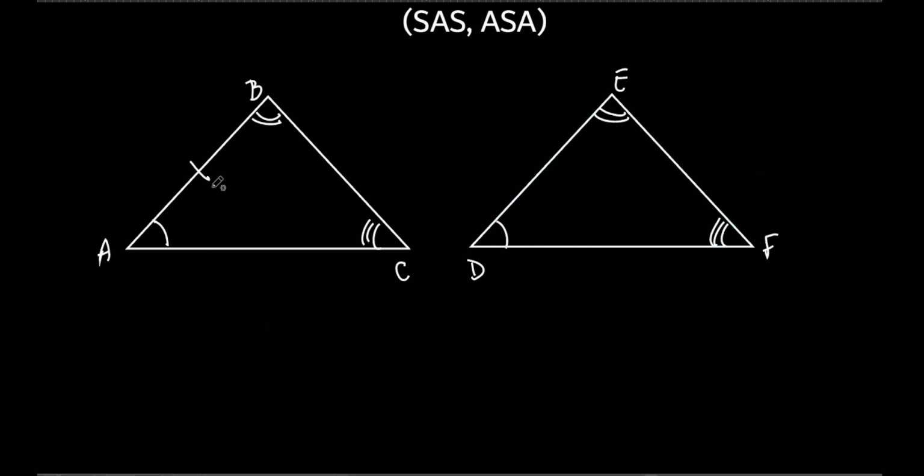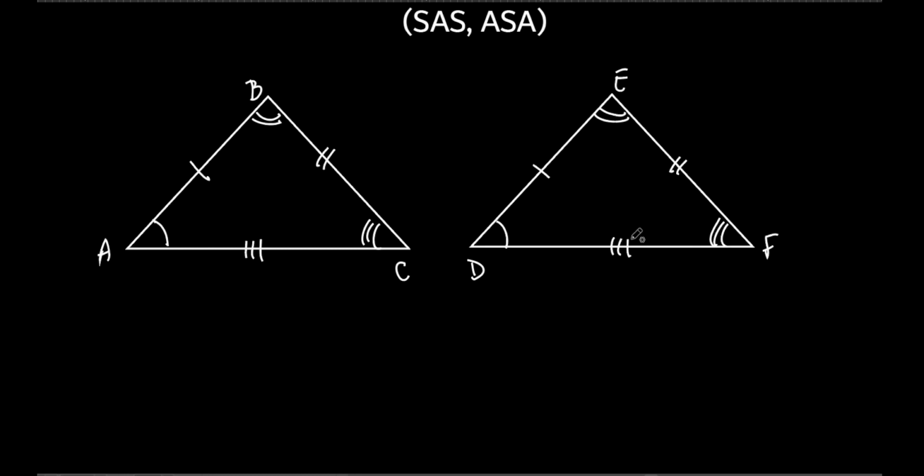So let's do that one. So AB must equal what? DE. What else must be equal? It doesn't matter which one. BC. All right, so BC and EF. And then what's my third one? AC and DF. So up to this point, and we've only done this one day, all right? So the whole day that we've done this, we would have had to show all 6 things being equal in order to say these triangles are congruent.